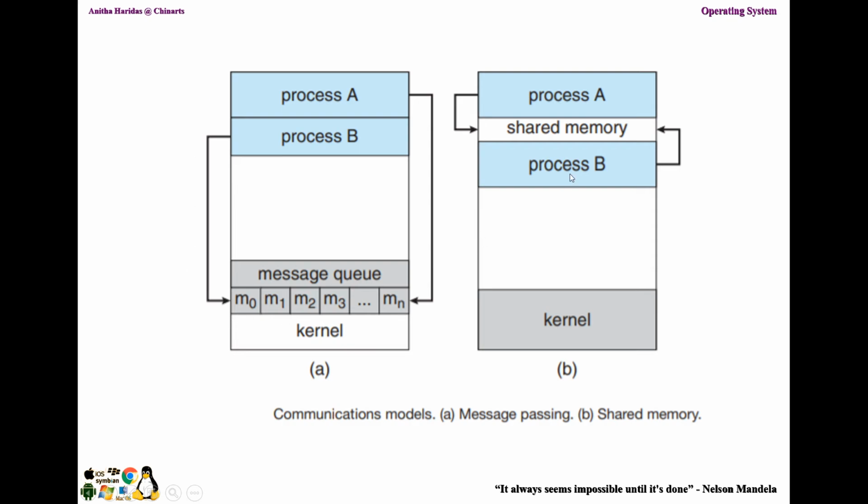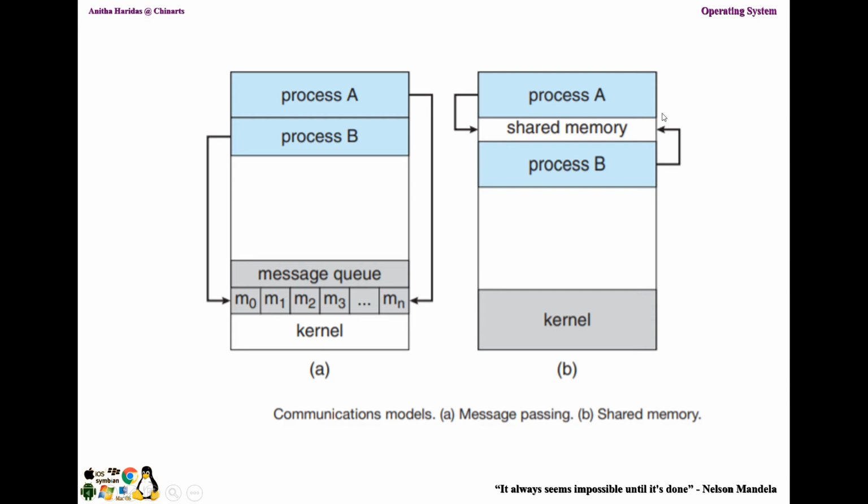And if you observe here, I have process A and I have process B. In between I have a memory also, which is shared by both process A and process B. So this is a region of memory where we can store some information which can be accessed and manipulated by both process A and process B. Please make a note of it.